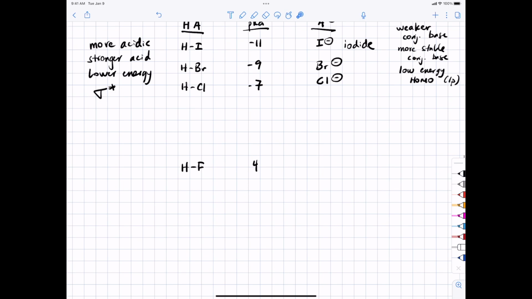Let's review some of the other acids. You've got hydronium, which I will draw like this, and its conjugate base is water. Hydronium is a positively charged acid that has a neutral conjugate base.